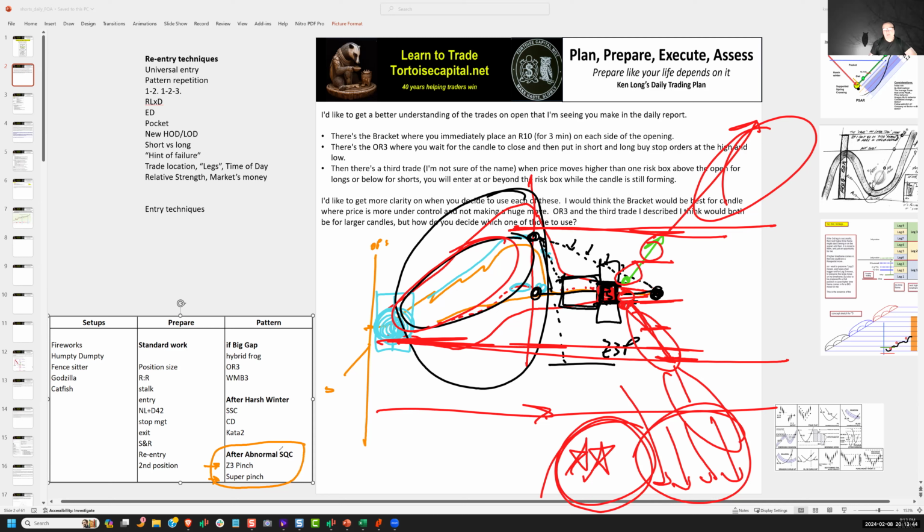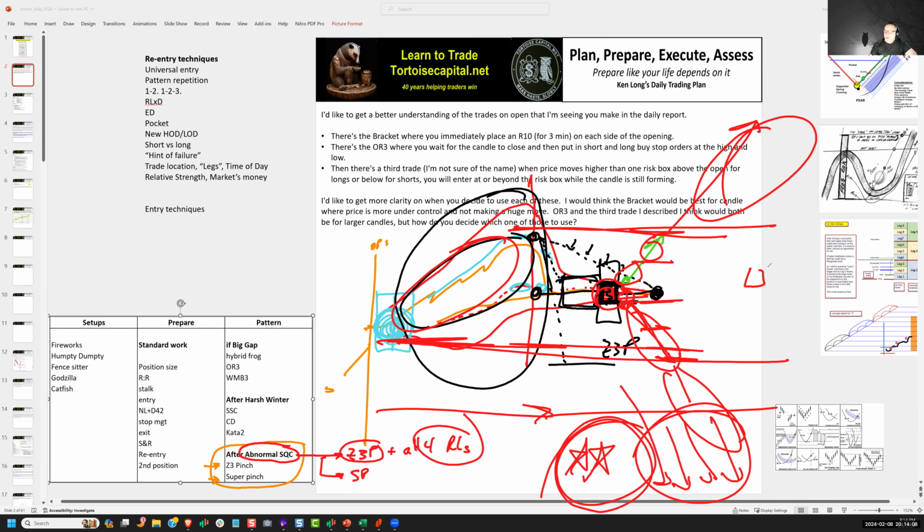So I have to see the abnormally pinched SQC, and the definition of that is a Z3 pinch or a super pinch, which is a Z3 pinch plus all four regression lines inside that box.